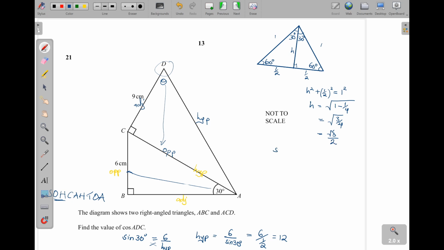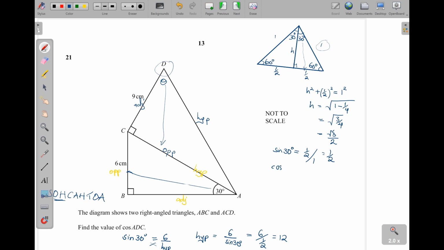So sine of 30 degrees is going to be equal to the opposite. The opposite to this angle here is this half, opposite over hypotenuse. Hypotenuse is 1. So over 1. That is how I come to know that sine of 30 is a half without using a calculator.